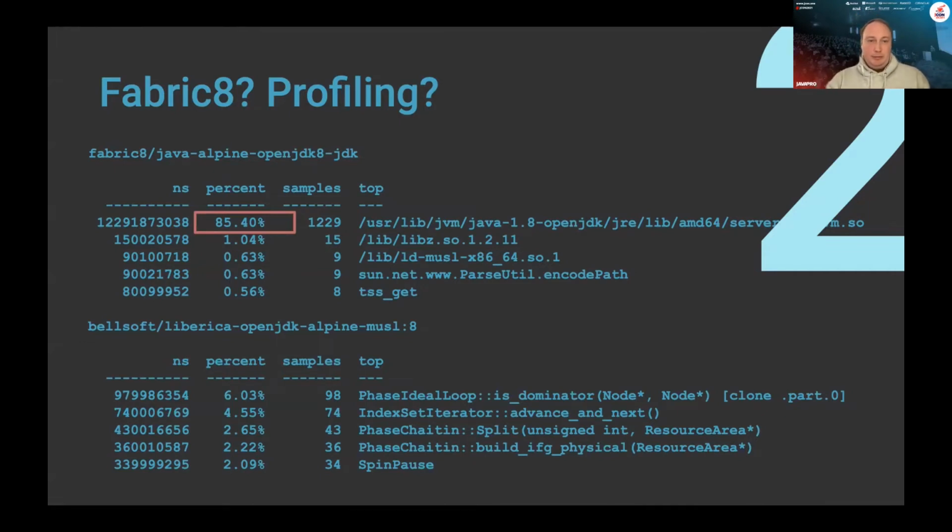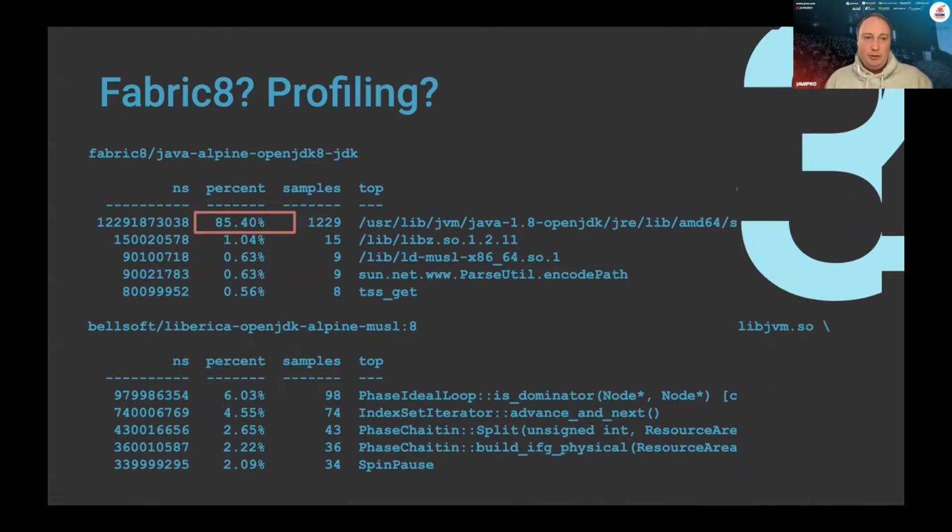Why does it happen? Because one image has symbols necessary for profiling and another does not. It's not a big problem. It's not a debug build. We can just include the useful symbols into the build. It's a basic thing if you care about it, but you should care about it.